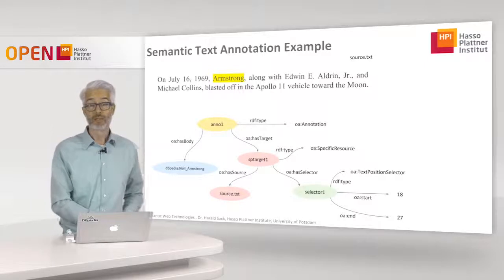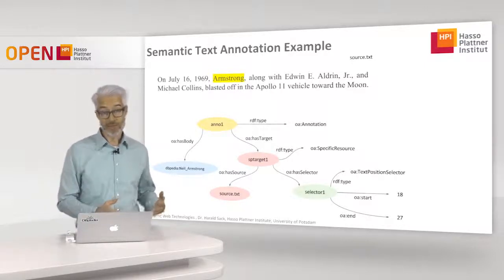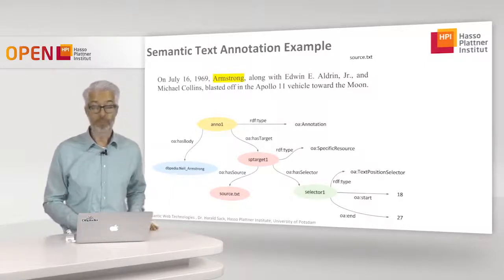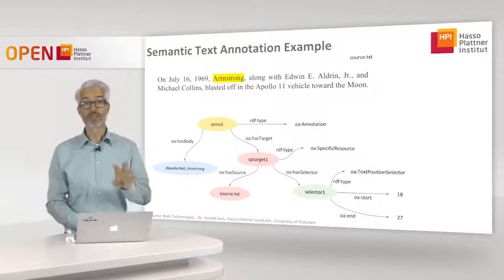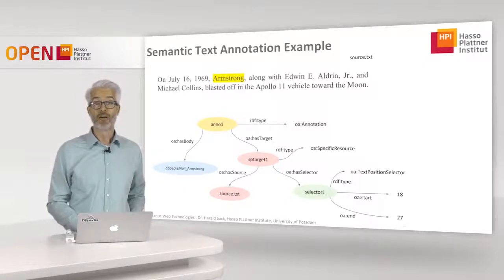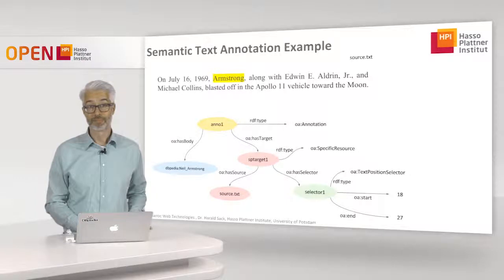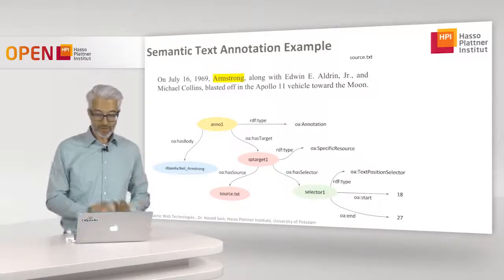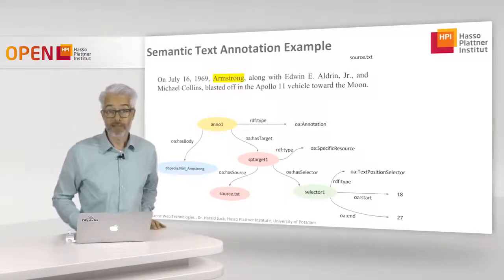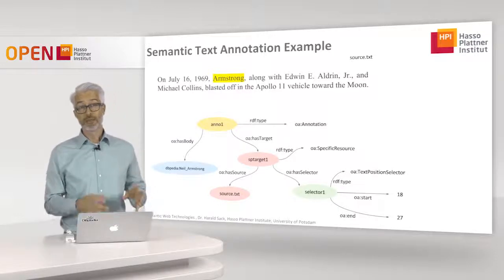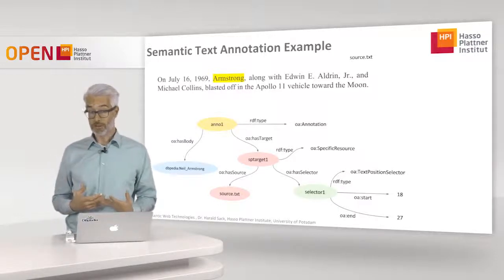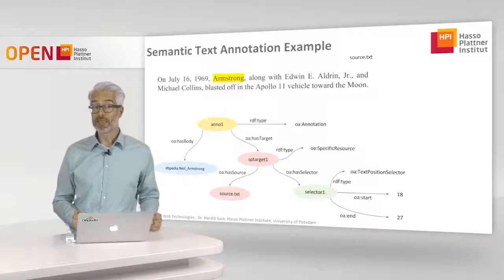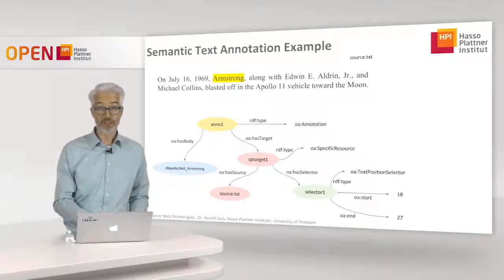So this would be one of many possibilities for how you can use, for example, the open annotation ontology to create an annotation for this text. This is an example for text, but you can of course also use the open annotation ontology to annotate multimedia documents, like videos.